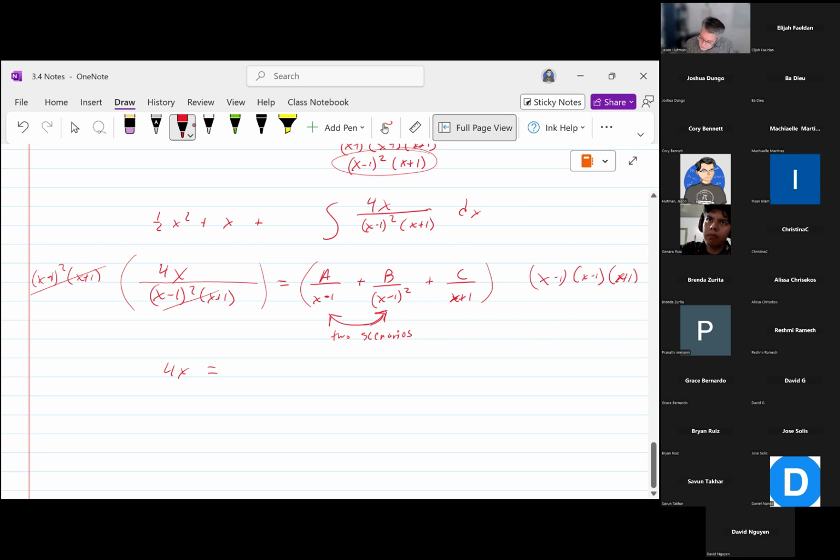The a, well, I would have canceled out one of the x minus 1s, but left one of them, and so this is a times x minus 1 times x plus 1. Plus b, here both x minus 1s get canceled out, and so I'm just left with the x plus 1. And then c, the x plus 1 gets canceled out, so I'm just left with the x minus 1 squared.